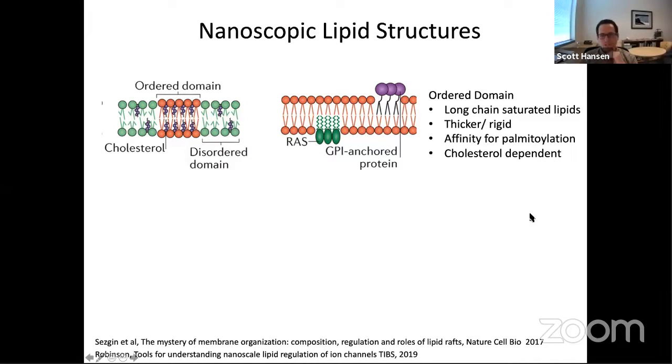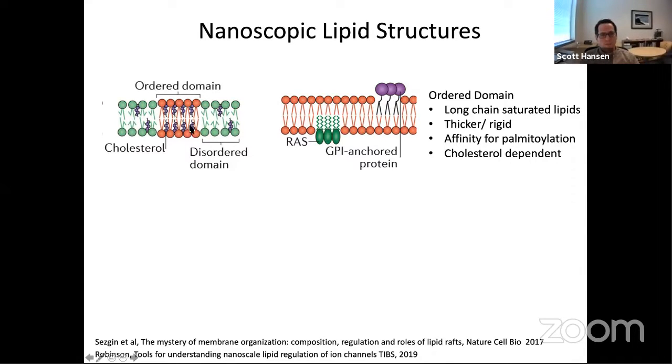And this actually comes from a review that Erdinc co-authored in Nature Cell Biology in 2017. And it very eloquently goes through a lot of the things that are really important to lipids. And I just have a couple of pictures here that I think are pertinent to what I'll talk about today.